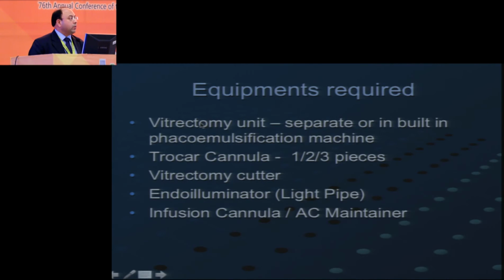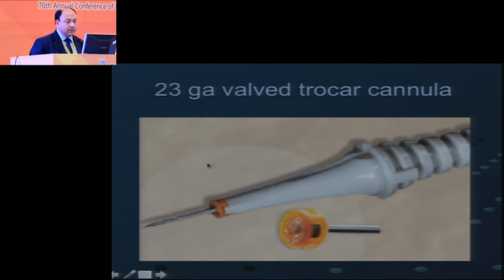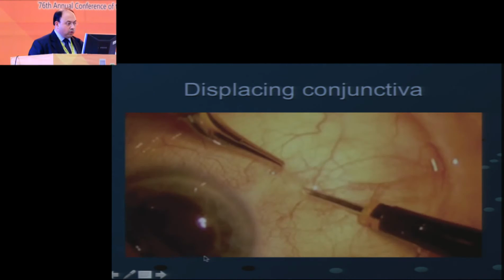The only thing you require is a vitrectomy unit which can accept this 23 gauge trocar cannula system. A cannula is usually a metal or a plastic body, and it is loaded onto a trocar which has a sharp tip. We will show how we insert the trocar cannula.